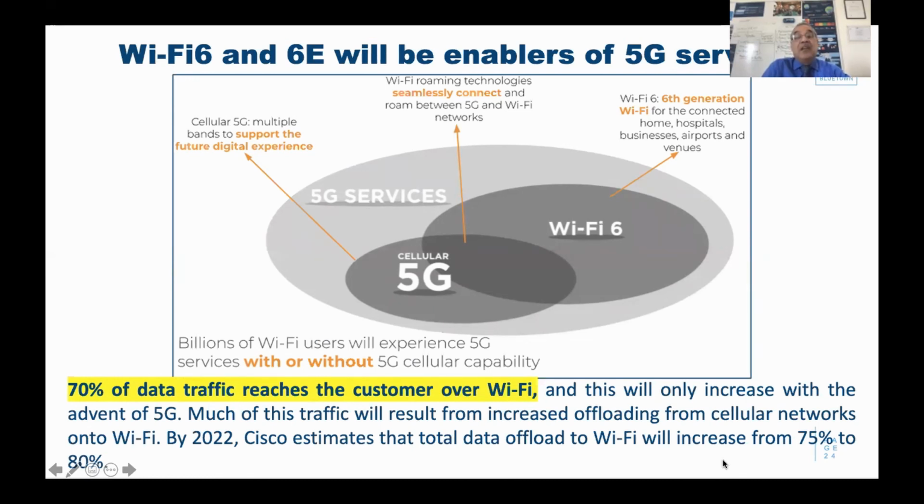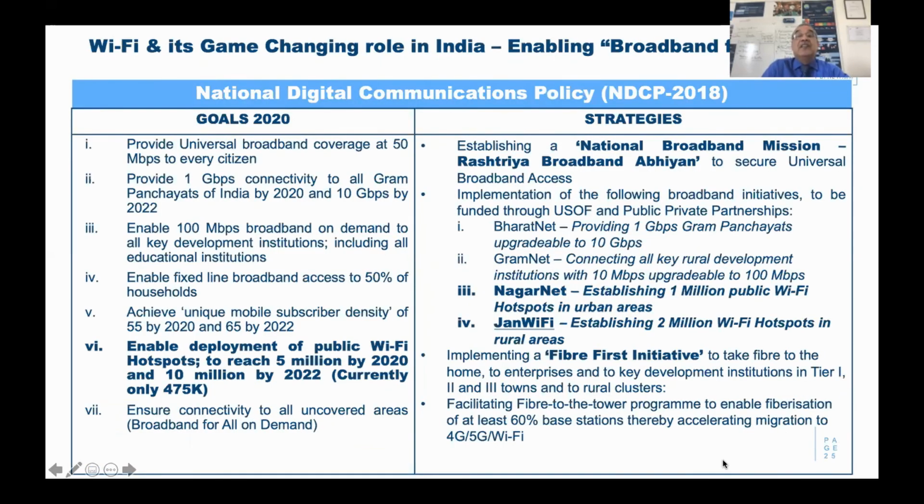At the moment, 70% of the data traffic reaches the customer on Wi-Fi. And by 2022, 80% of the traffic will be touching Wi-Fi. So Wi-Fi has to become a key enabler of all future connectivity, including 5G. And that is what is shown here. And this is about Wi-Fi and its game-changing role in India, enabling broadband for all.